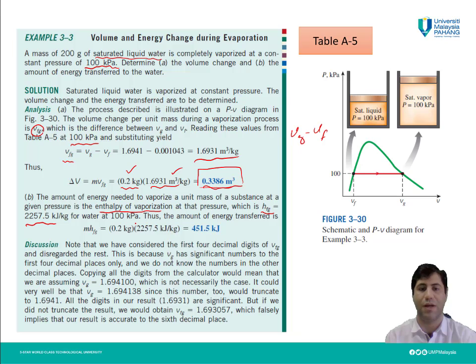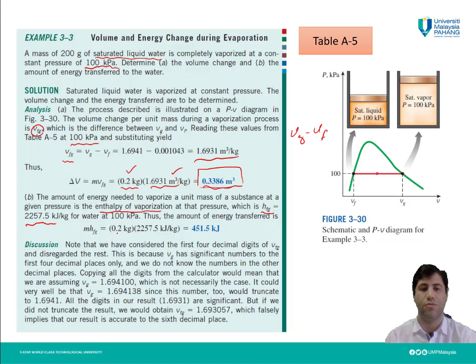Why this equation? Because this hfg is for a unit mass of the substance, which is, for example, kilojoule per kilogram. So we should multiply the mass of the substance by this hfg to have the energy for that much of the mass which we have here.